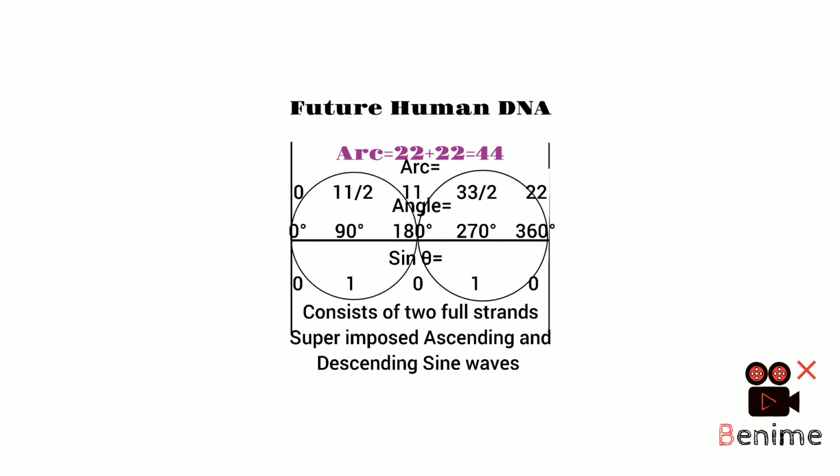The total arc length will be 22 each, two full sine curves, and superimposed on one another, and one will be starting with 0 to +1, 0, -1, and 0. The other one will start at 0, proceeds to -1, 0, +1, and 0.